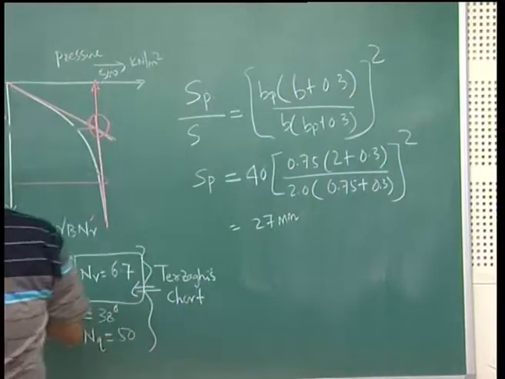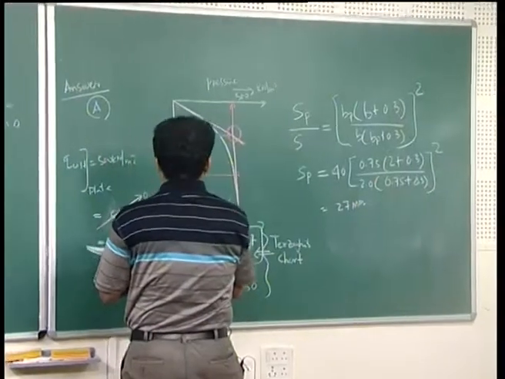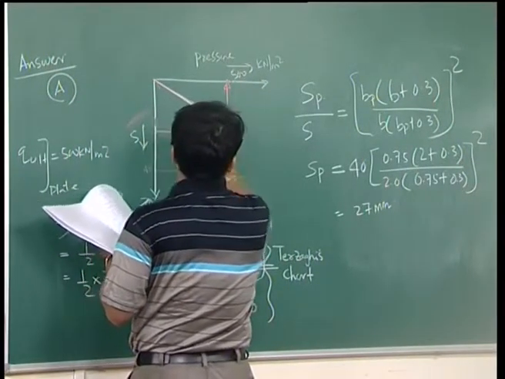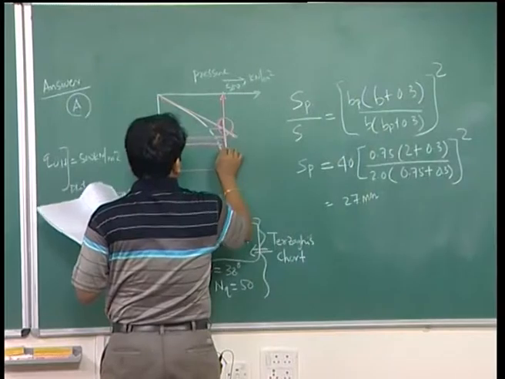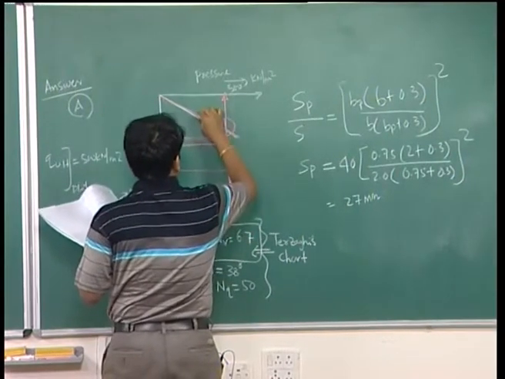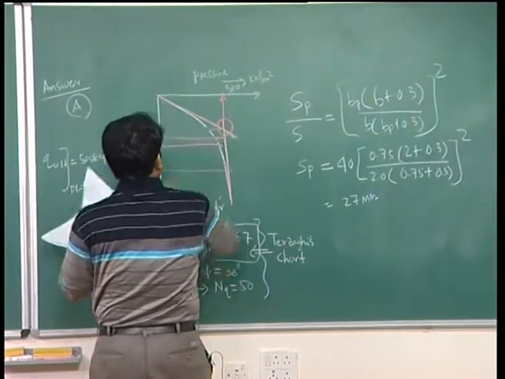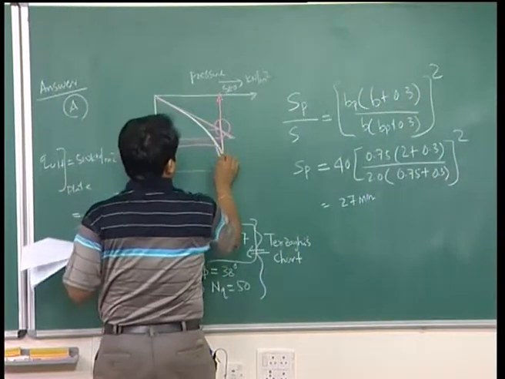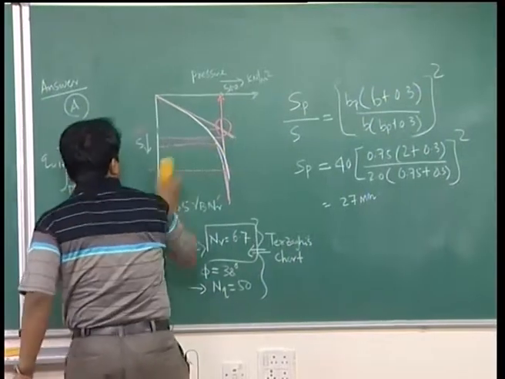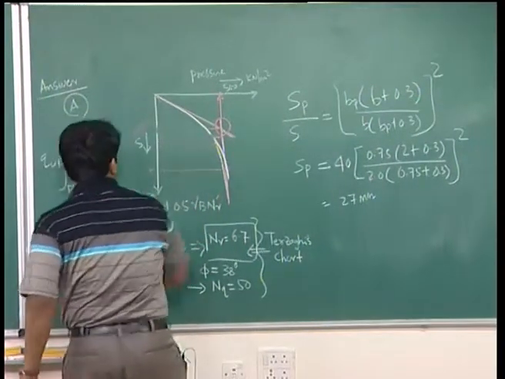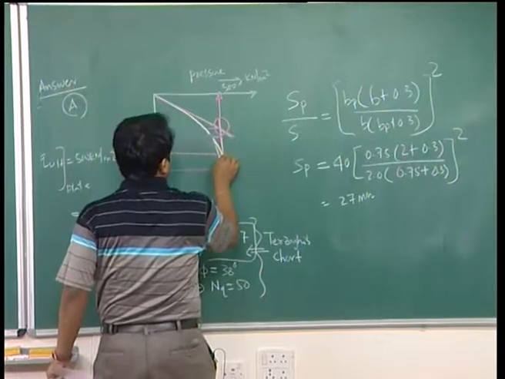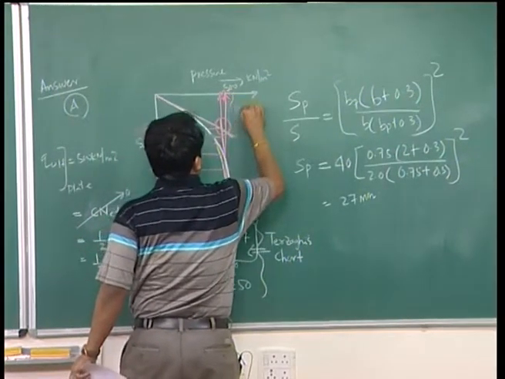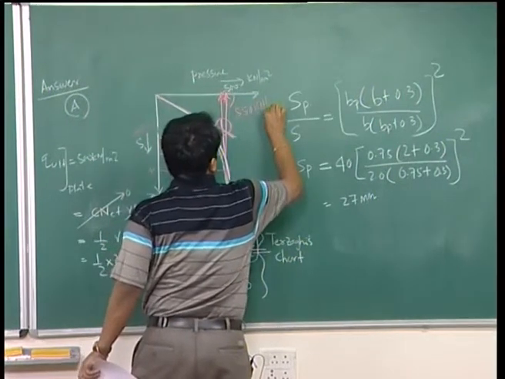With corresponding settlement of plate 27 mm, if I mark it on this plot, somewhere nearby it is coming to 550 kilonewton per meter square.